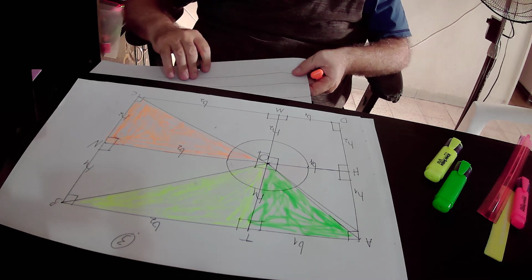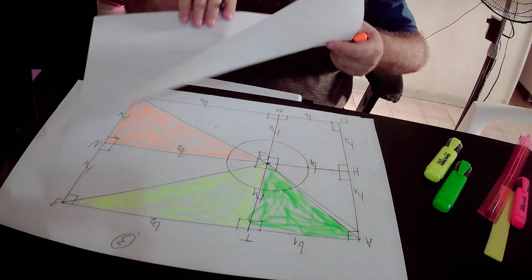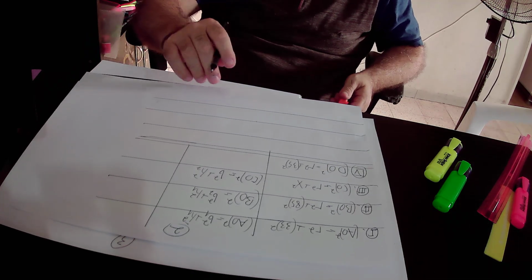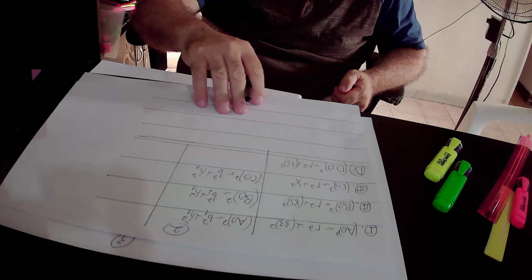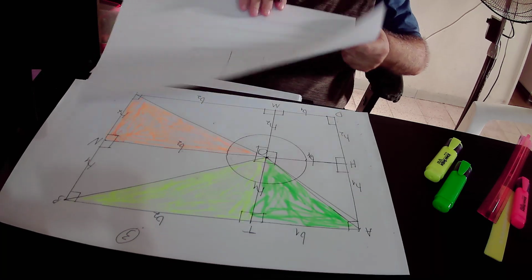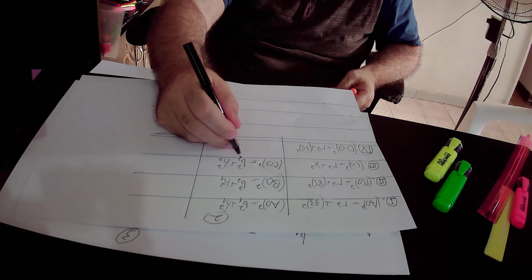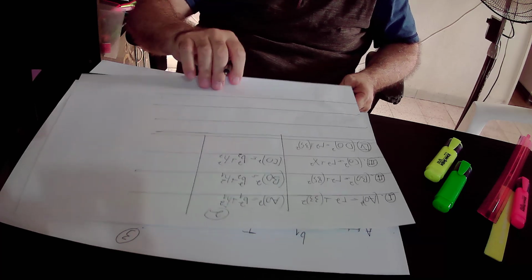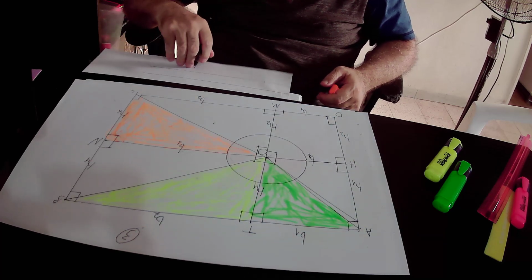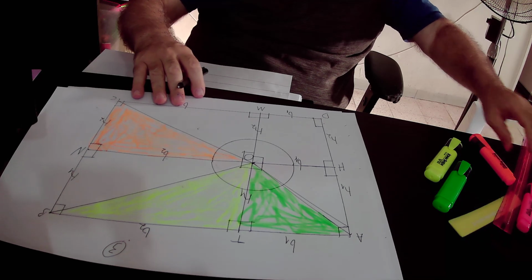Repeat again, in the right orange triangle OBC, according to the Pythagoras theorem, CO square equals B2 square plus H2 square, and finally we'll join points D and O together by a straight line.